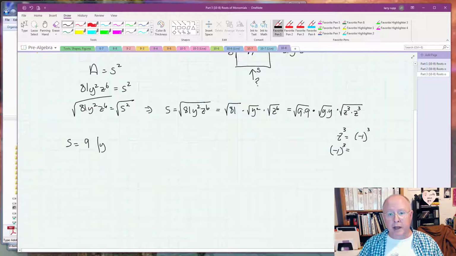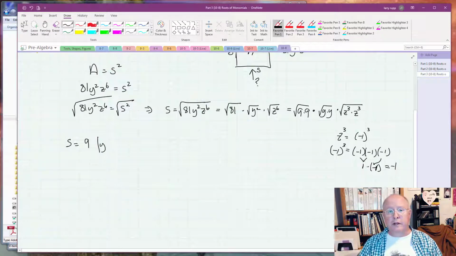The exponent is how many times you multiply together the base, and negative 1 is the base. So you have negative 1 times negative 1 times negative 1. Negative 1 times negative 1 gives you a positive 1, and then you multiply by a negative 1 again, which gives you a negative 1. So negative 1 cubed is equal to negative 1.